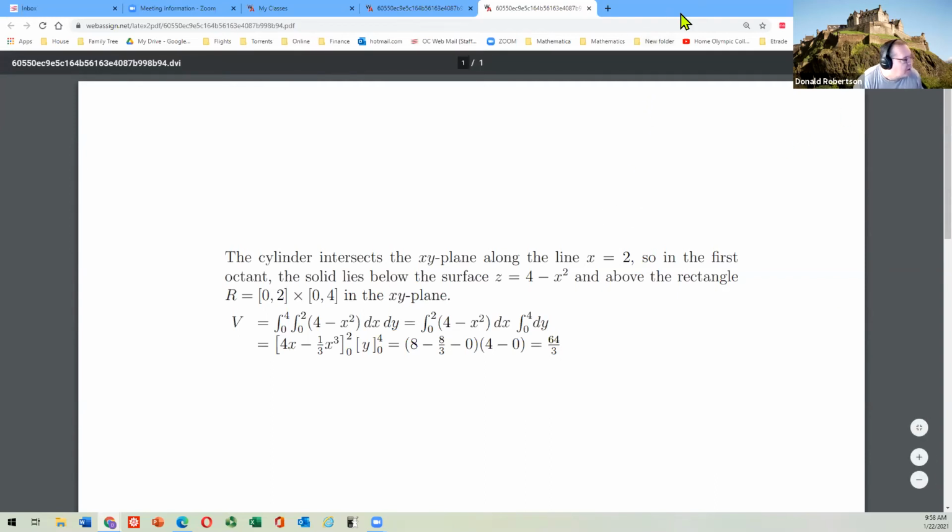Okay. Oh, darn it, I know what's going on now. I can show you. There was a word in there that I didn't notice. It was called the first octant. Did you see that word? You can remember first, second, third, fourth quadrant.